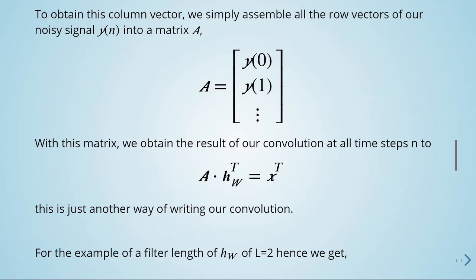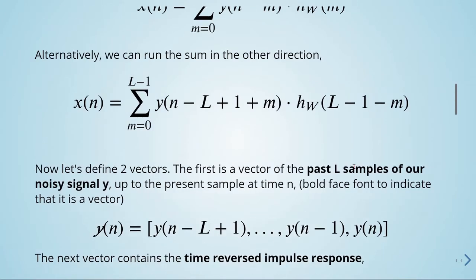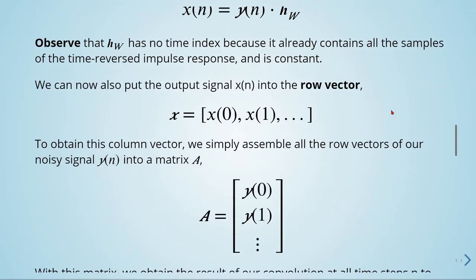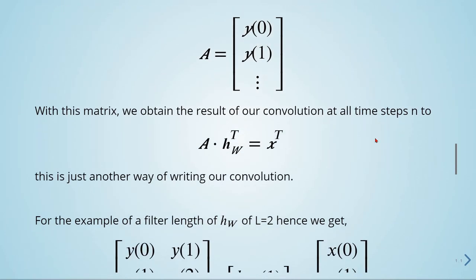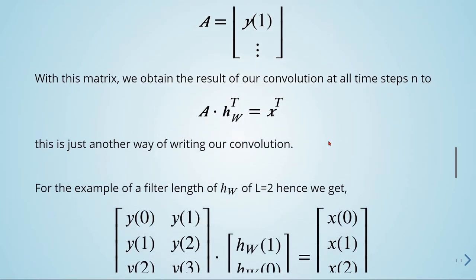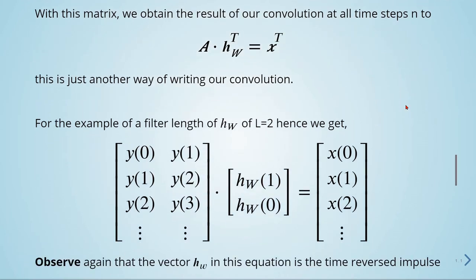So this matrix times h_W is equal to x. We're implementing a convolution as matrix and vector multiplication. This is just another way of writing our convolution.